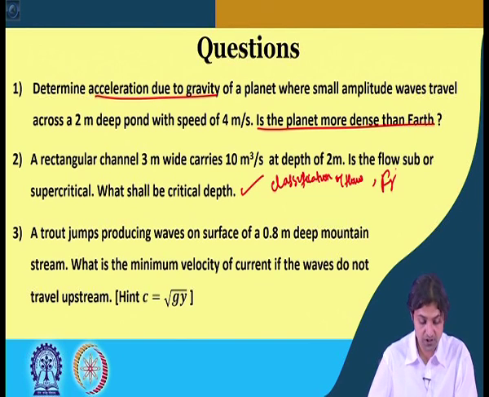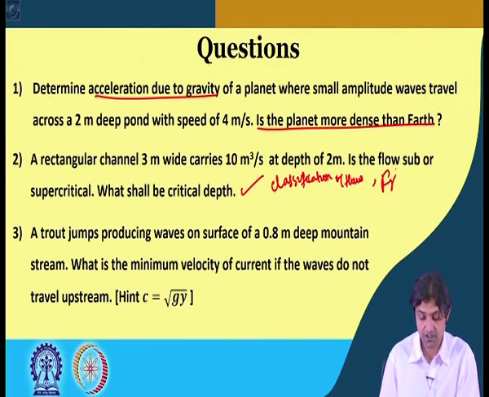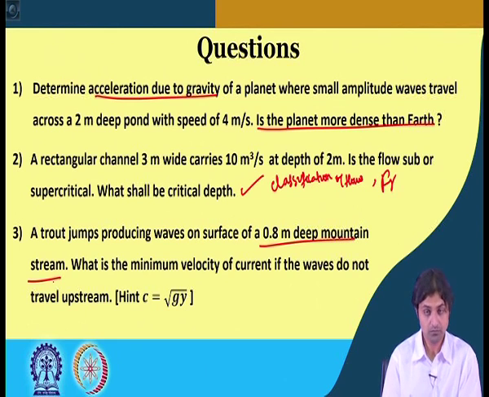In the third question, again back to the waves, it says a trout is a fish that jumps producing waves on the surface of a 0.8 meter deep mountain stream, which means that the depth of the stream is 0.8 meter. It is asking what is the minimum velocity of the current if the waves do not travel upstream.